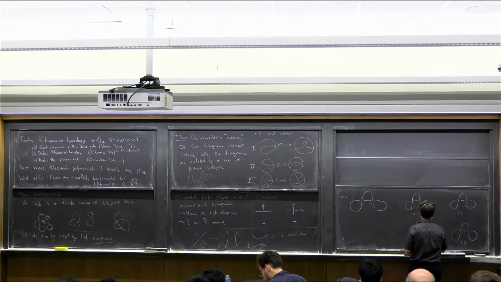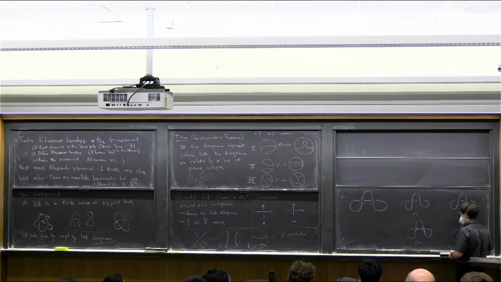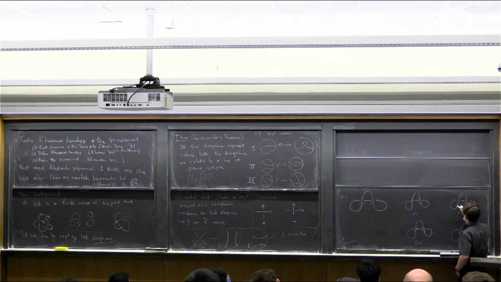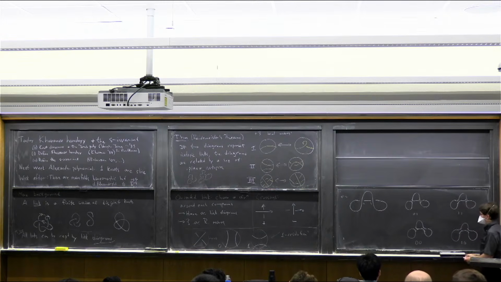On the other hand, if I do the 1, it connects up the other way. And the 1, sorry, this is still the 0. If I do the 0 and the 1, very good, this way. And if I do the 1 and the 1, it looks like this. Okay.